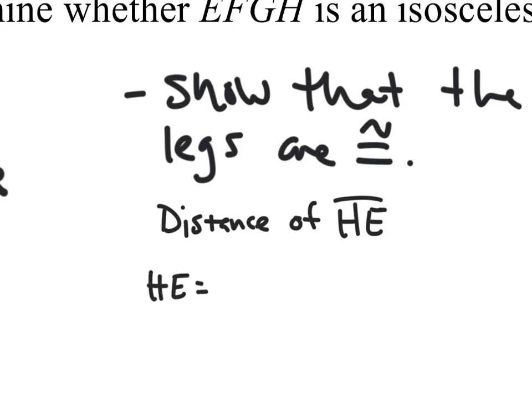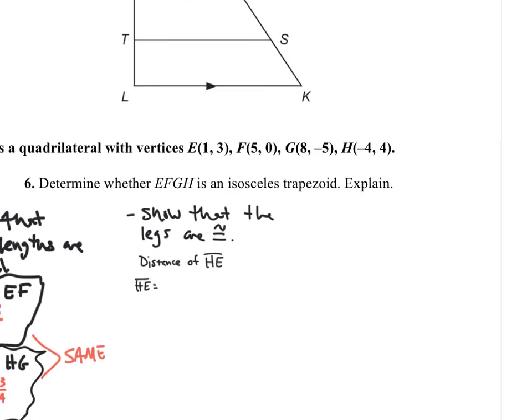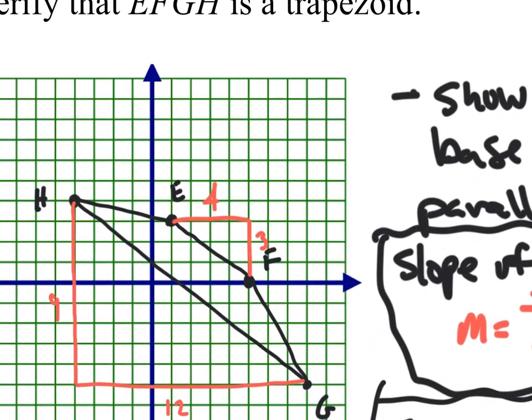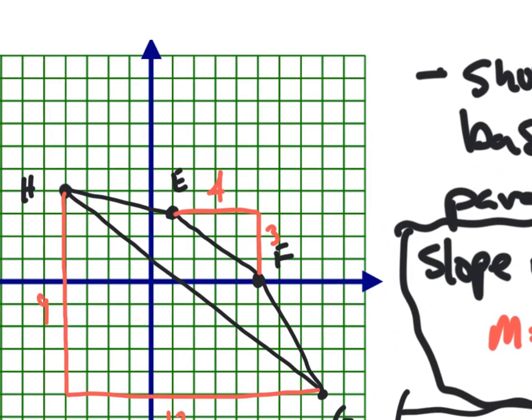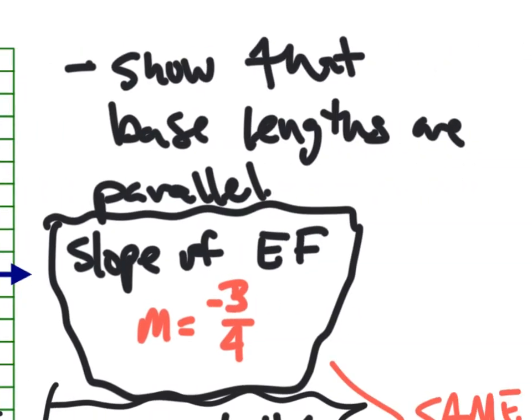Let's draw in our right triangle over here. I'm going to go over from this point and then down one. So it's a 1 by 5 right triangle. Let me use the Pythagorean theorem.